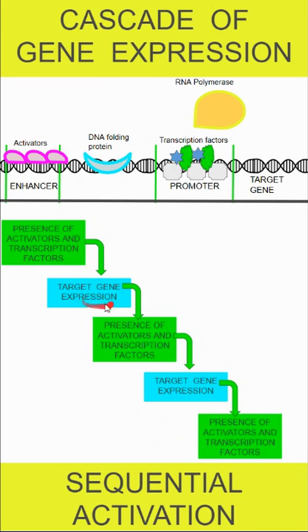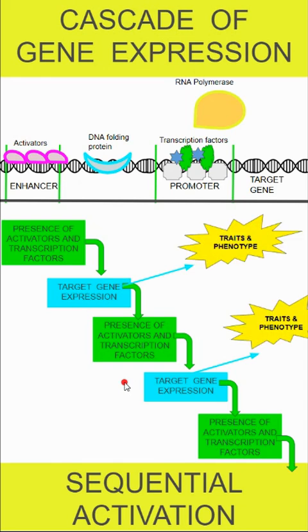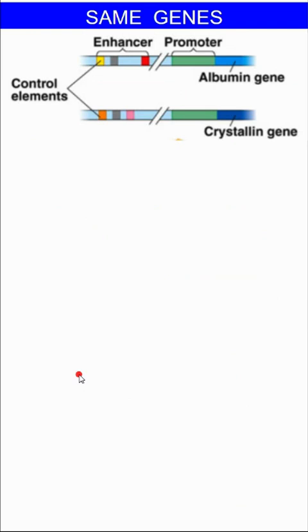Now again, these target genes can lead to more or different transcription factors, but you're also going to lead to specific traits and phenotypes that come about from those targeted genes. So we have the same genes inside every single cell in your body, you're going to have the exact same genes, but you might have different expression.